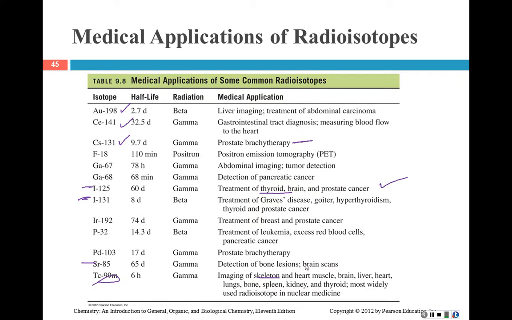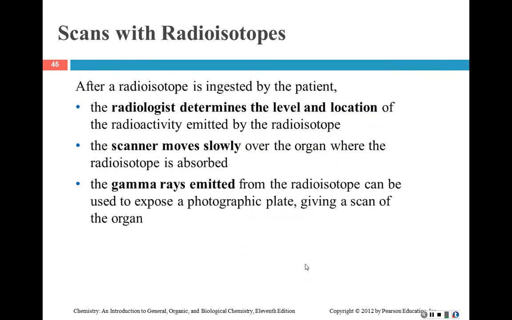And so I'm going to show you a little bit about these different treatments and then what they're using. If you've ever had this, you go in and you drink this stuff, or they could inject it into you directly. And so when you do that, the radiologist determines the level and location. Is it set right now for this radiography?